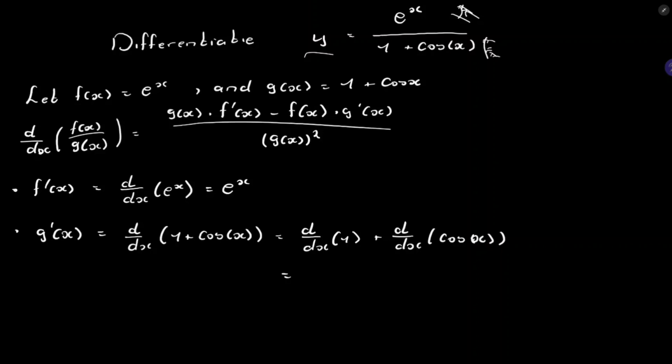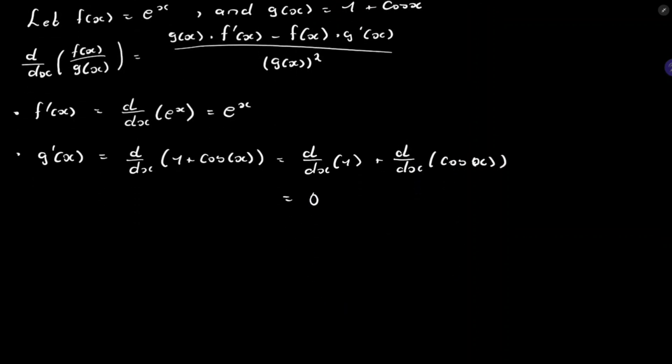Because it was well said that the derivative of any constant gives us 0. So this leaves us with 0 plus, from our video on the derivative of trigonometric functions, it was well proved that the derivative of cos x gives us negative sine x. So this boils down to negative sine x.